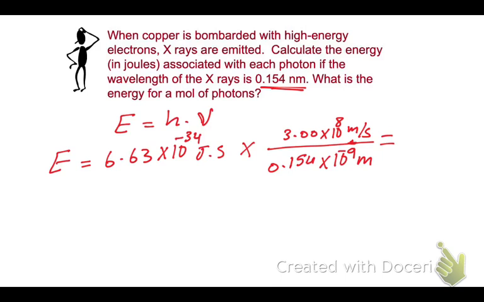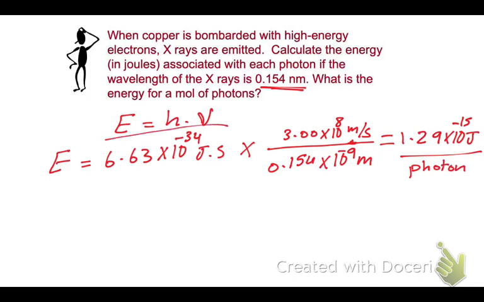So if I do my math correctly, 6.63 times 10 to the negative 34 times 3 times 10 to the power 8 divided by 0.154 times 10 to the negative 9, the answer will be 1.29 times 10 to the negative 15 joule per one photon.